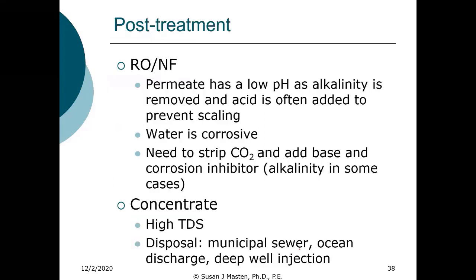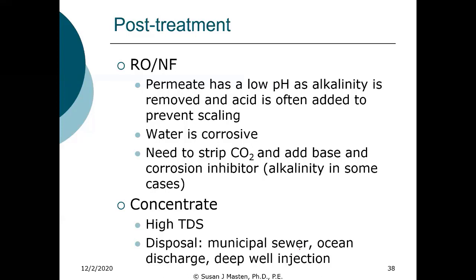And finally, the water that you're producing, especially if you're using reverse osmosis or nanofiltration, is essentially devoid of minerals. I showed you the images from the pipes in some of the residence halls.